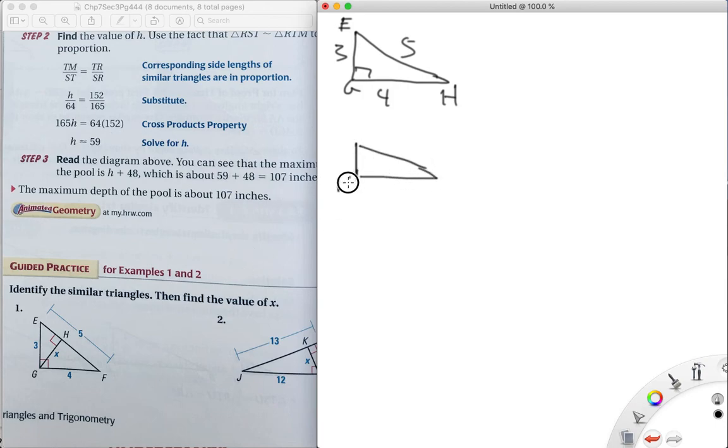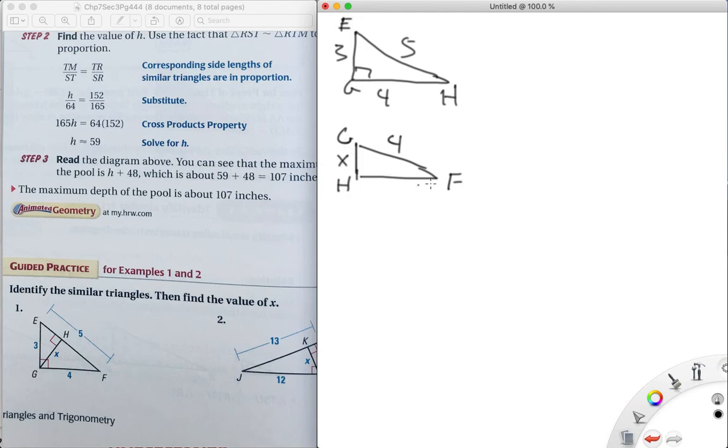They meet at H, because it's perpendicular to the hypotenuse. The hypotenuse is 4, and it ends at F. The shortest side is from G to H, and the shortest side for the medium triangle is X.